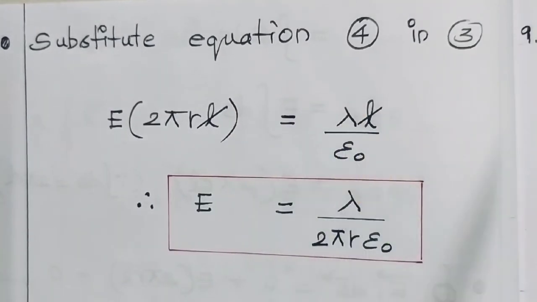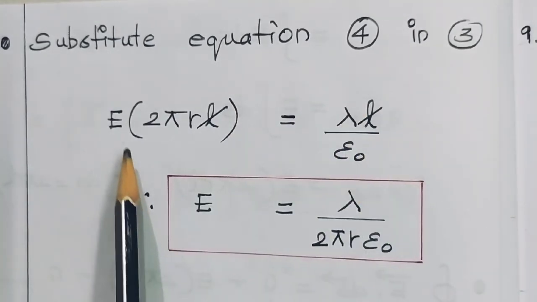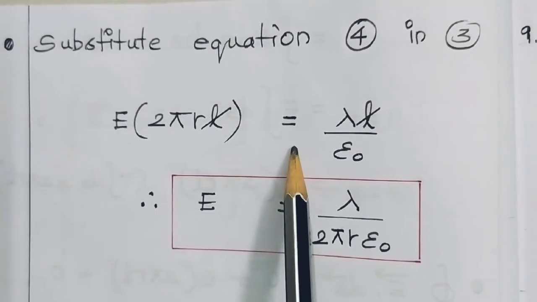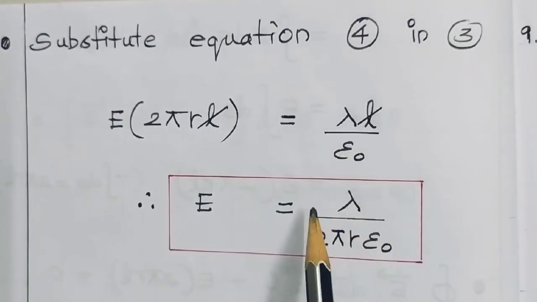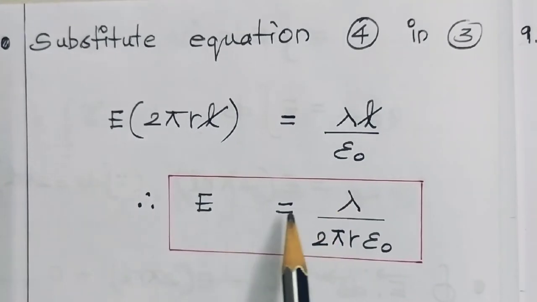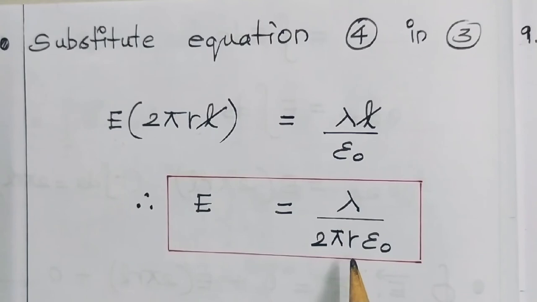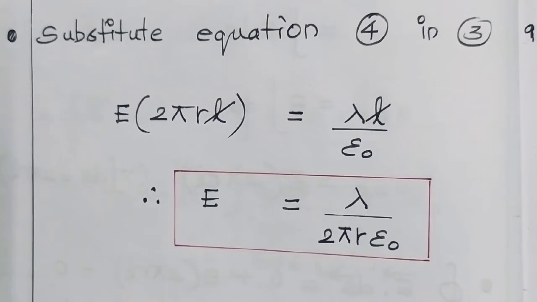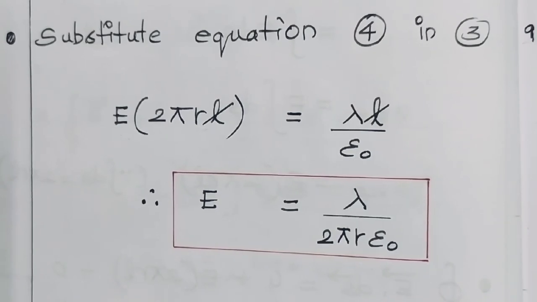L and L get cancelled. In the next step, E is equal to lambda by 2 pi r, the 2 pi r comes over here. So E is equal to lambda by 2 pi r epsilon naught. This is the final expression for this derivation.